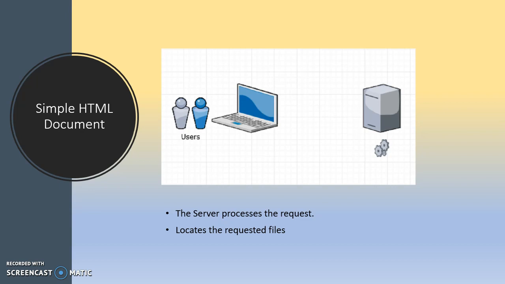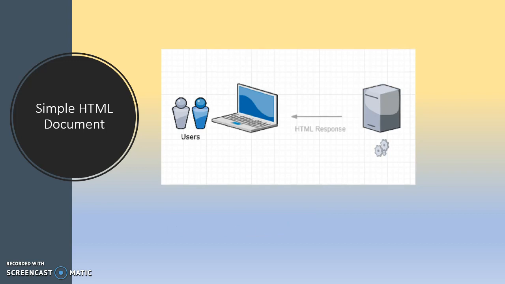The web server then receives and processes the HTML request. After reading in the request, it locates the files that the user requested. These files are usually contained within the web server itself or a network-attached storage device. This is very similar to how GitHub works for our repositories that we upload our websites to.